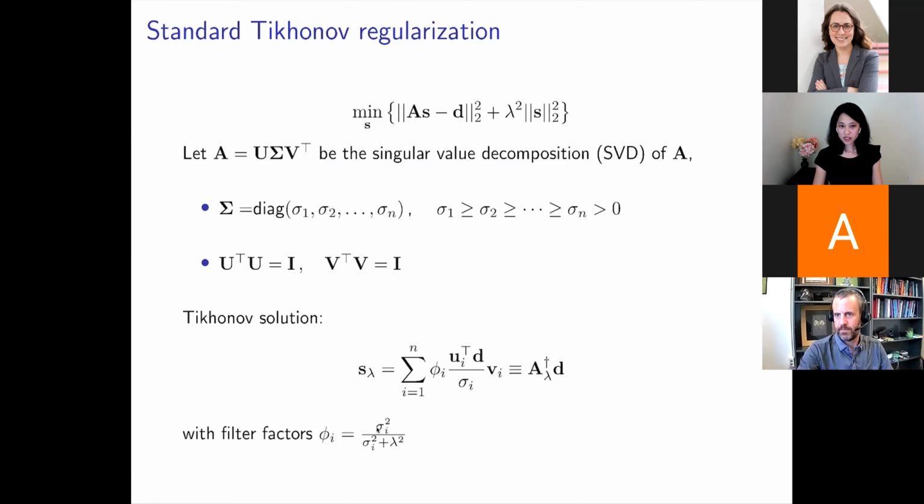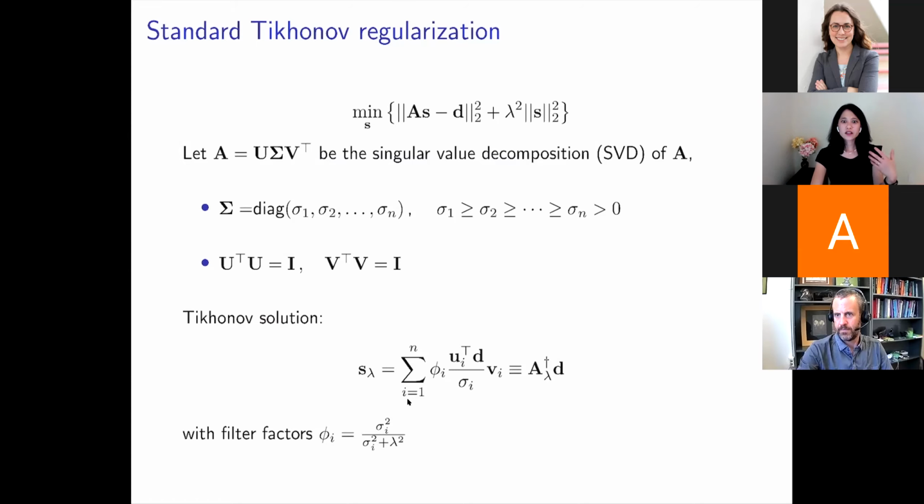Here, these sigma_i's are your singular values, and lambda is the regularization parameter. Now, there's a lot of work out there on how to choose this regularization parameter, and there was a little bit of talk on that in the previous talk about, well, maybe we can use an MCMC approach.